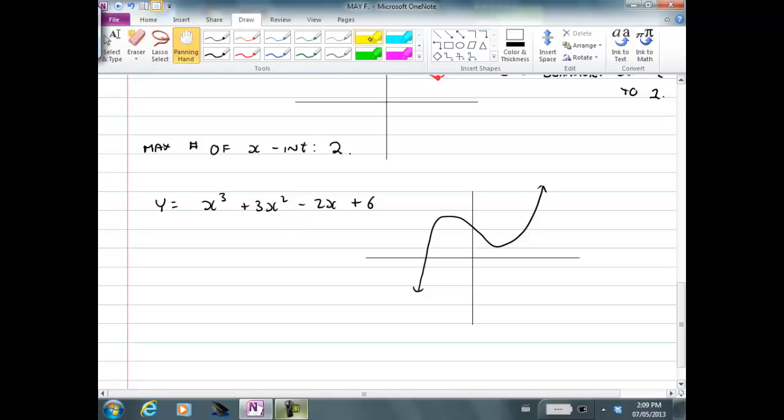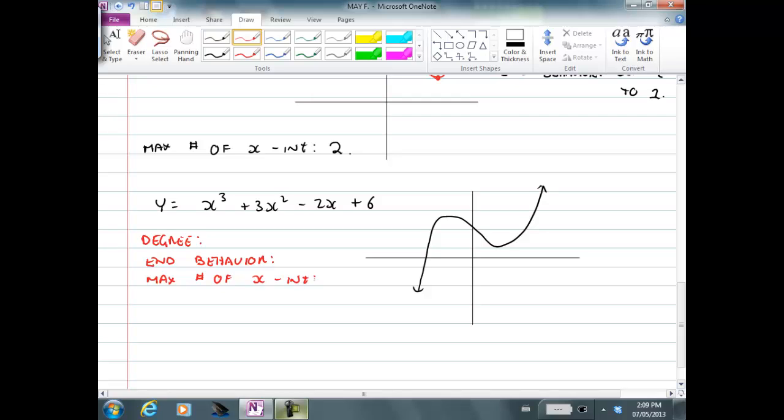Notice one thing. I'm going to ask you a few questions. Write down the degree. Okay. Write down the end behavior. I want you to write down this: max number of x-intercepts possible.